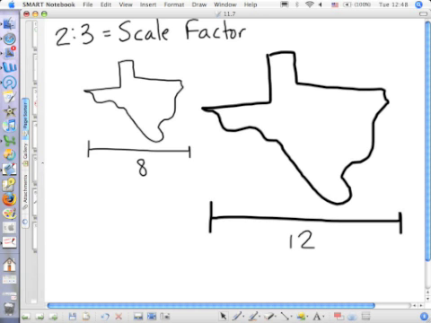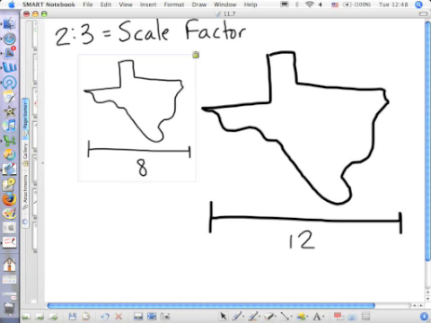All right. As you're going to see, as long as we can compare two corresponding parts, right? What I have here is that the distance from the farthermost outer edges of this image is 8 units long.